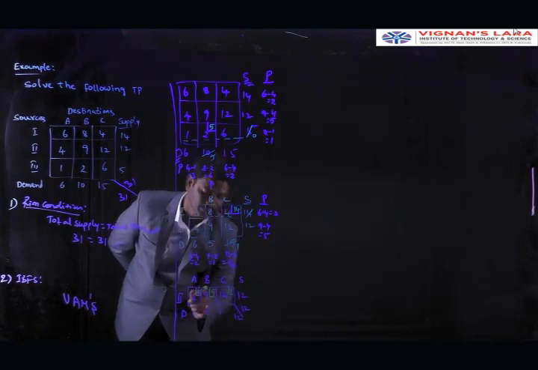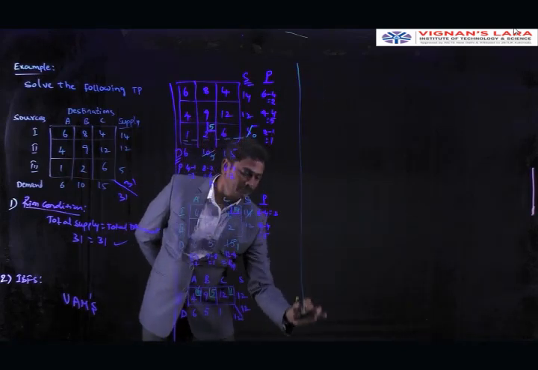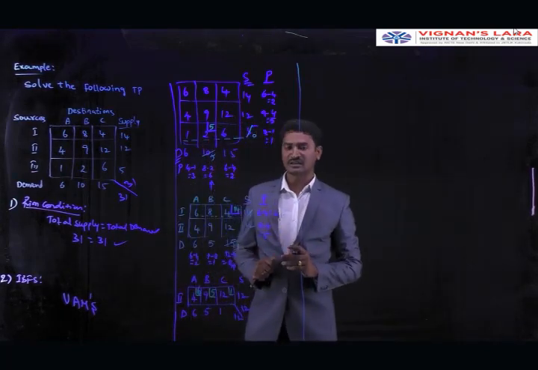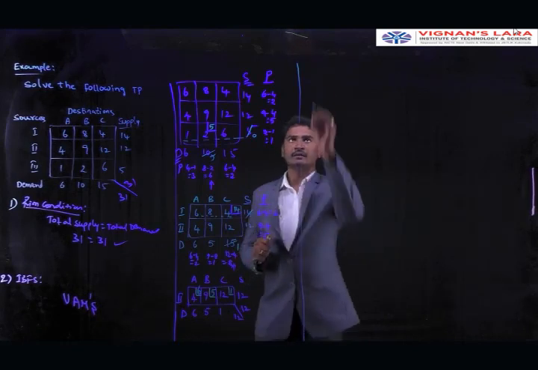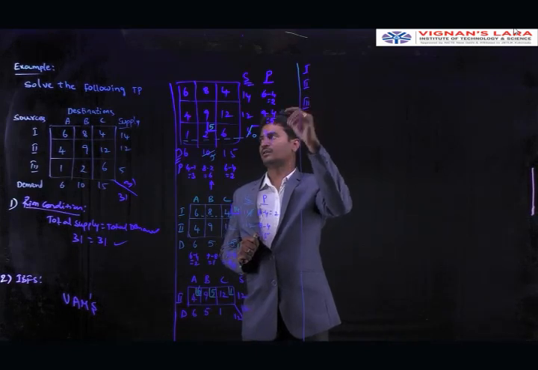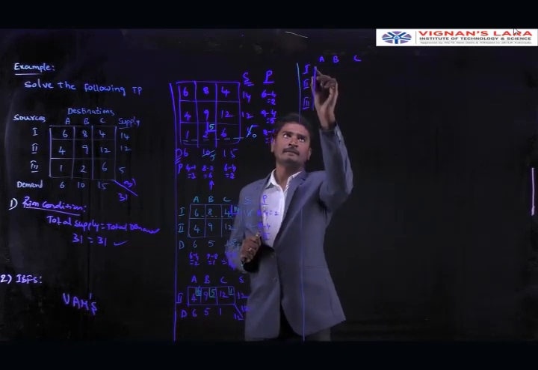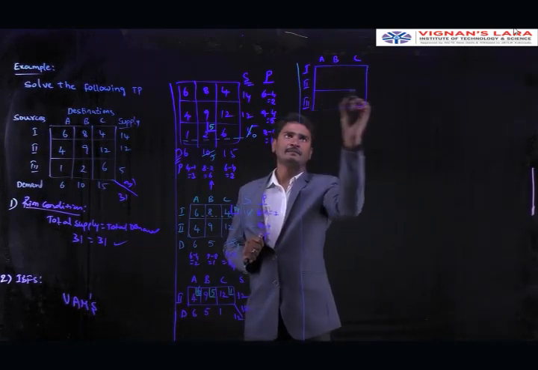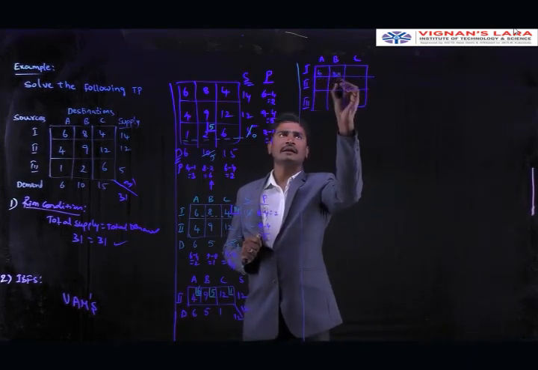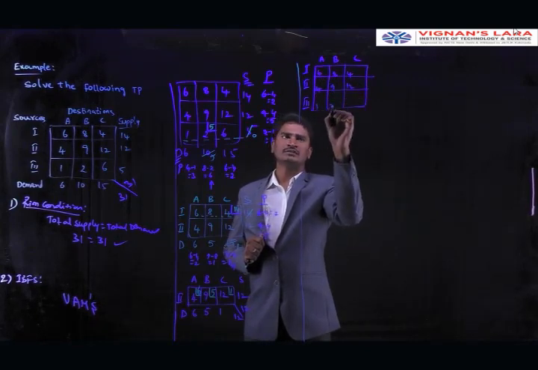This is 6. Okay. Now we are going to calculate the total initial cost based on the allocations. 1, 2, 3 sources are there and destinations also 3, A, B, C. Here the values are 6, 8, 4, 4, 9, 12, 1, 2, 6.